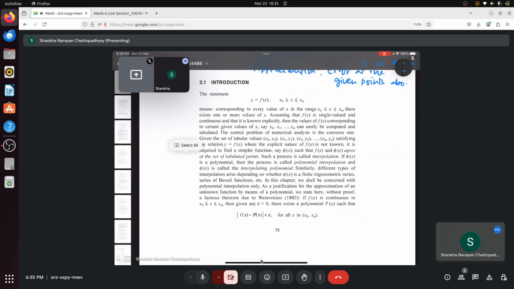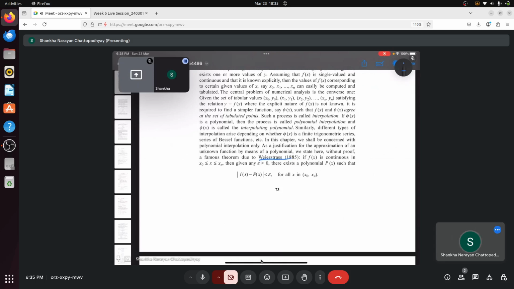Next, there is a very important theorem given by Weierstrass. If f(x) is continuous in the domain x0 less than or equal to x less than or equal to xn, then given any epsilon greater than 0, there exists a polynomial p(x) such that |f(x) minus p(x)| is less than epsilon for all x in [x0, xn].